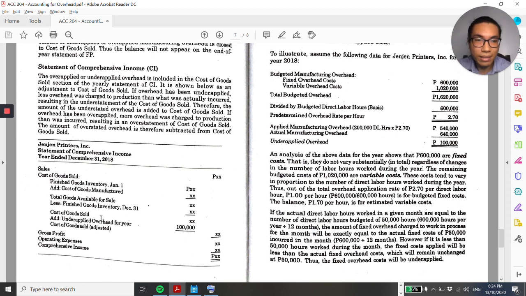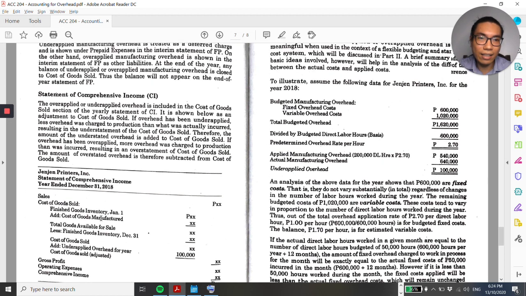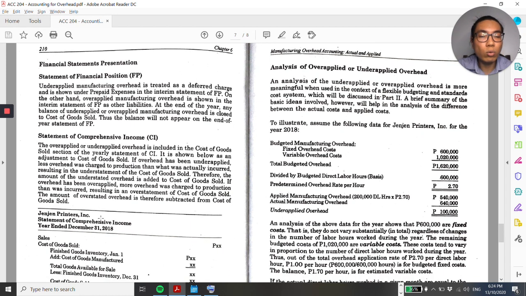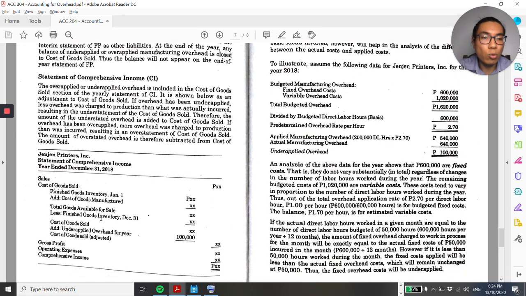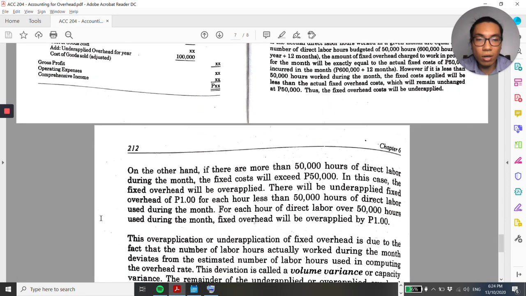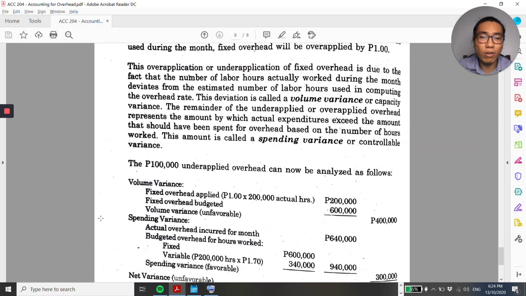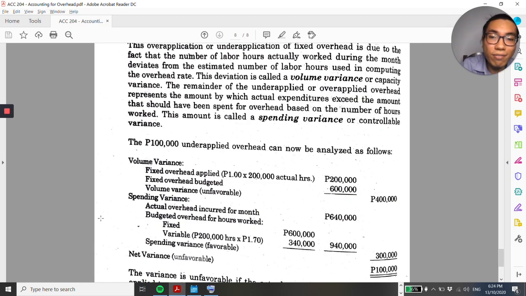And just for reference na din, we'll discuss this more on our variance analysis. Pero relating to our overhead costs, I want to introduce yung two ways on getting the variances. So we have the volume variance and spending variance.